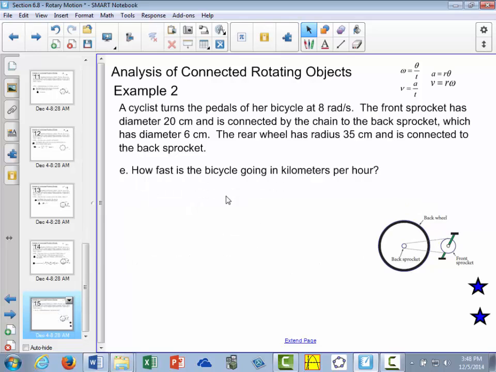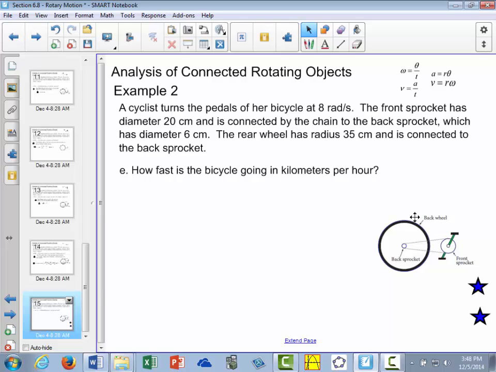So after we've gathered that information, we should be able to tell how fast the bicycle is going in kilometers per hour. Well, since the back wheel is attached to the back sprocket with the same axis, then they both have the same angular velocity. That angular velocity was the 26 2/3 radians per second.